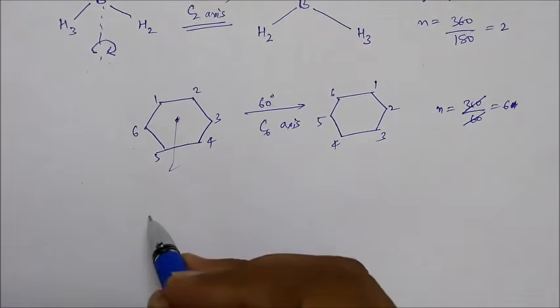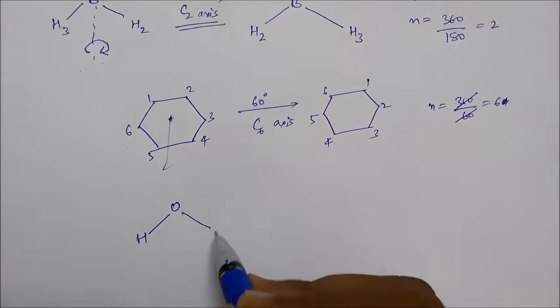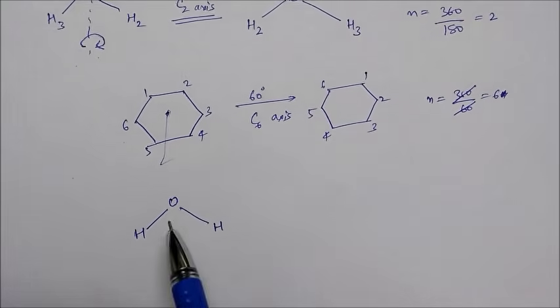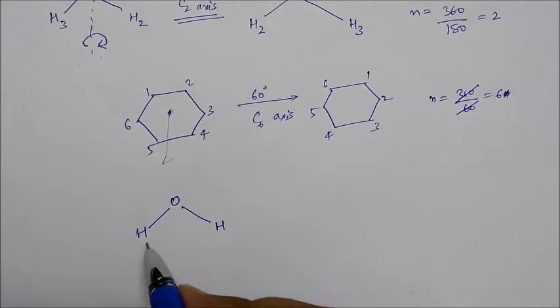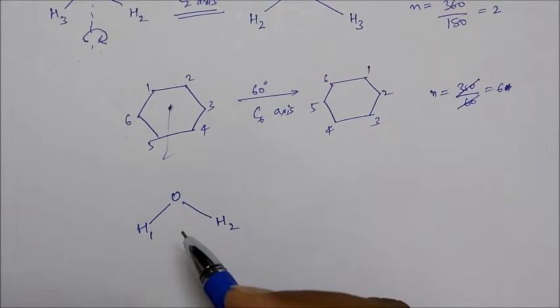Let's take another example which is very famous, that is the water molecule, okay. If you have the H2O molecule, let's label these hydrogens as 1 and 2. Let's check the axis.